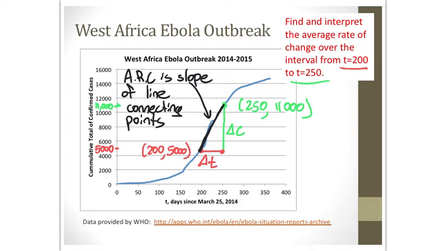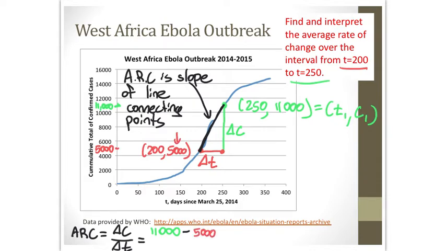To calculate this exact value more carefully, what we can do is take the change in cases and divide that by the change in time. So I can take my endpoint, so over here, this is like my T1 and my C1, so I can start with the end number of confirmed cases. So that would be this 11,000 cases. And we're going to subtract from that the number of cases at the starting point, which was the 5,000.